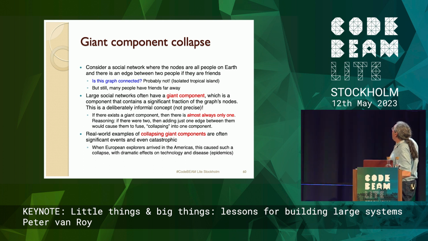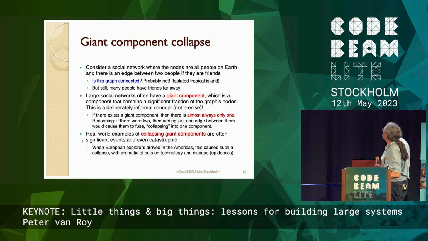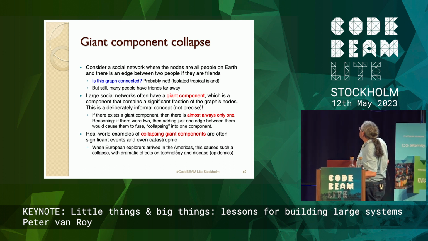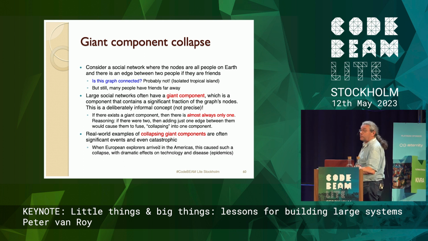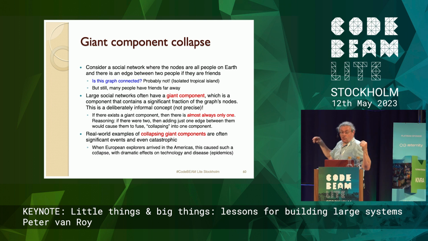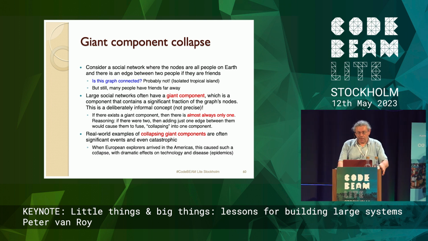And this has happened in the past. So the famous example is when European explorers arrived in America. So Pizarro, when he arrived in South America, caused an enormous collapse of two giant components with massive effects, technology, disease, epidemics. So this can happen a lot, okay?